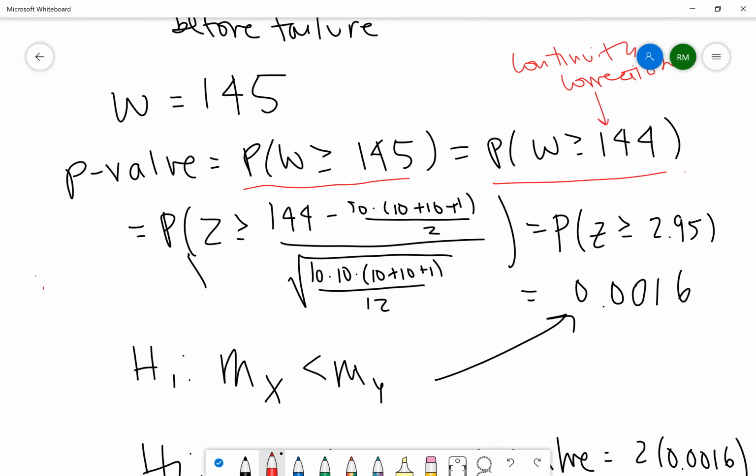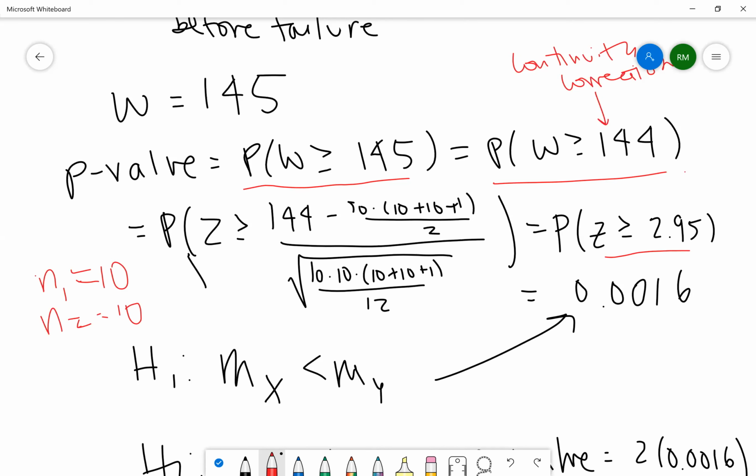Remember that in our sample before, N1 was equal to 10, and N2 is equal to 10. That is, we had 10 elements from company X and 10 light bulbs from company Y. And if we calculate that giant quotient, that's very lovely, we get a z-score of 2.95.